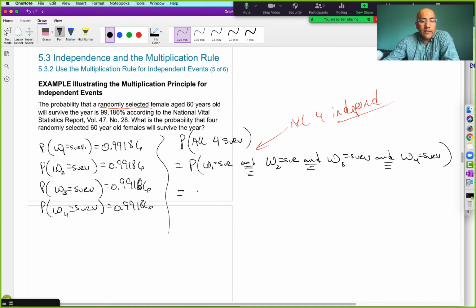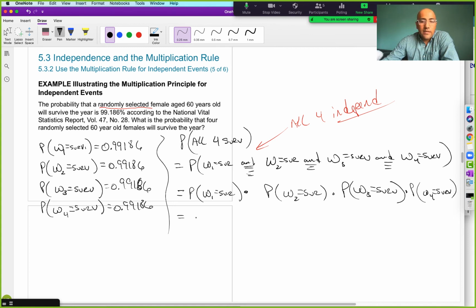They're all randomly selected. So that means that we get to break this up into the multiplication of 4 separate probabilities. Woman number 1 will survive, times the probability that woman number 2 will survive, times the probability that woman number 3 will survive, times the probability that woman number 4 will survive.